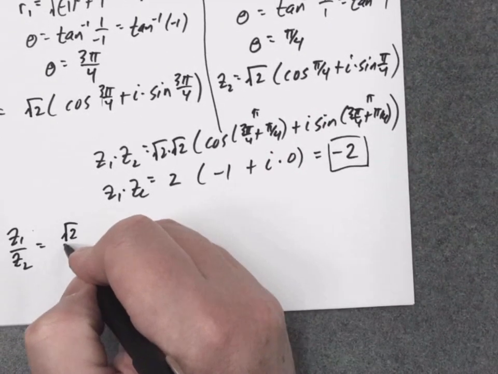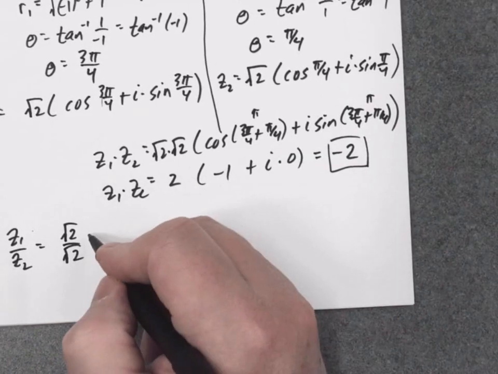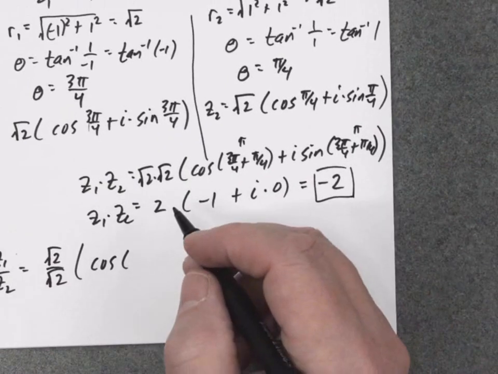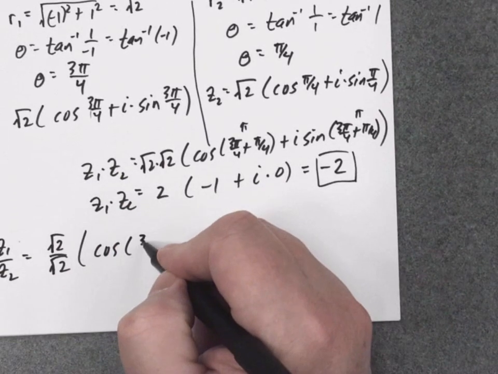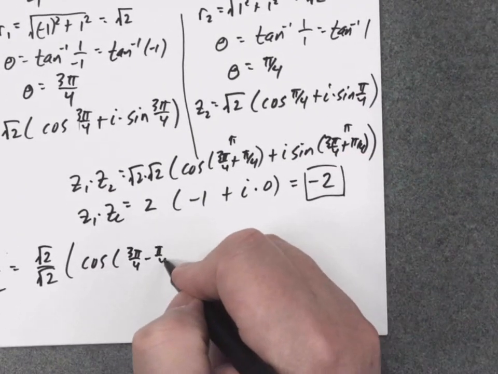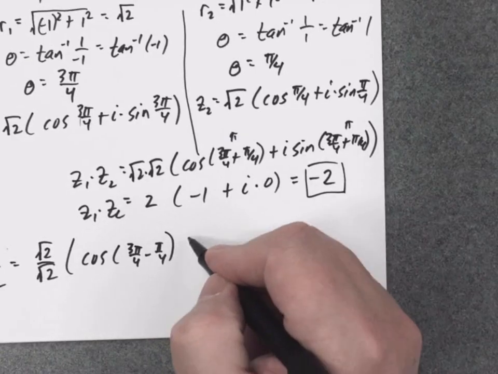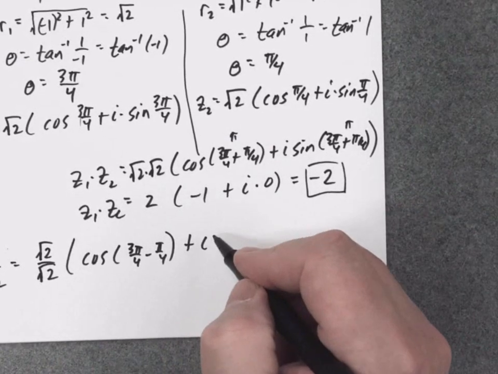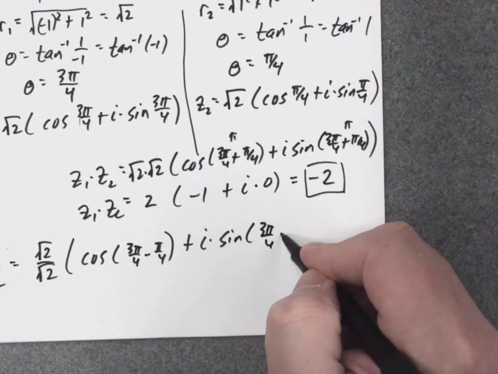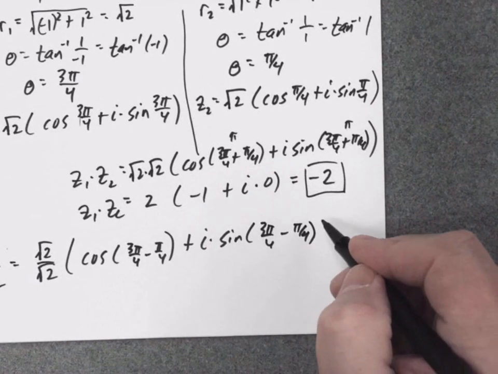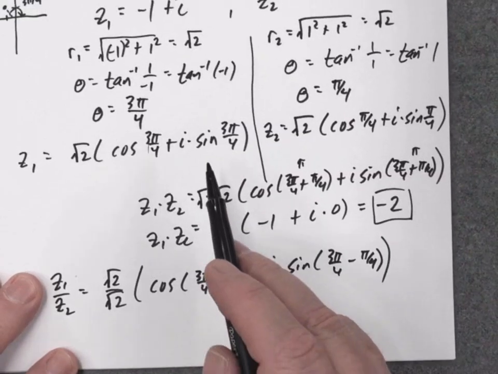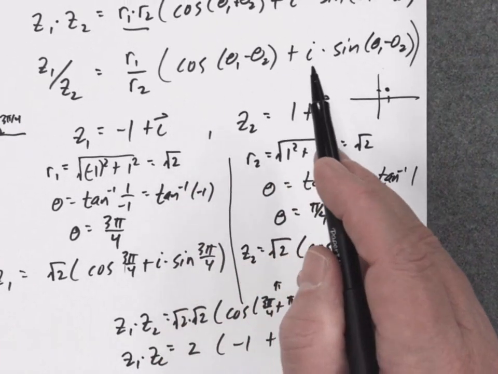So r1 over r2 times cosine of the first angle, 3 pi over 4, minus the second angle, pi over 4, plus i sine of the first angle minus the second angle. Right, so I'm just using this formula way up here.